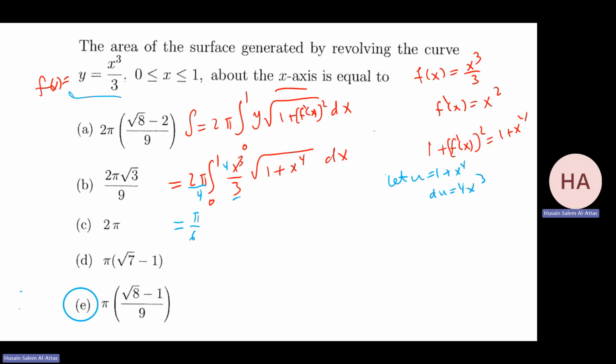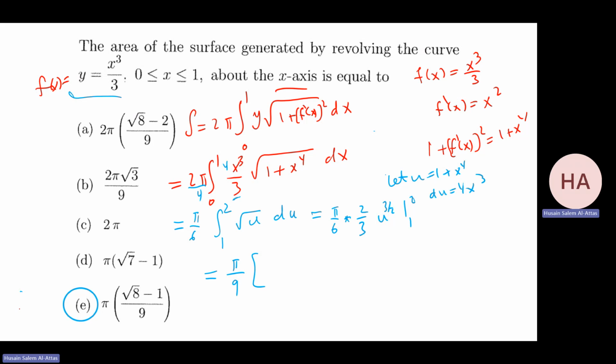Yeah, pi over 2 times 6. Integral from where to where? 0 gives me 1, 1 gives me 2. Square root of u du. So that will be pi over 6 times 2 over 3, u to the power 3 over 2 from 1 to 2. That gives me pi over 9 of what?